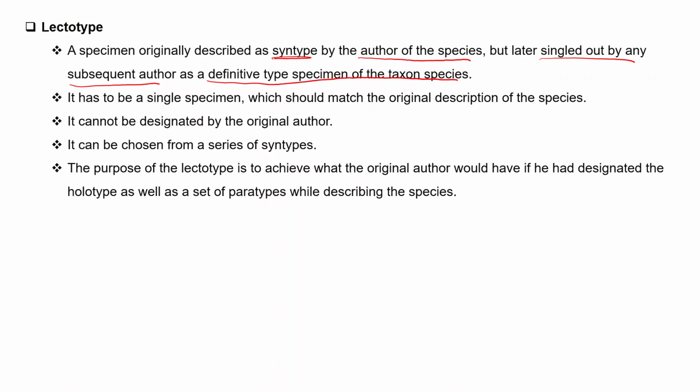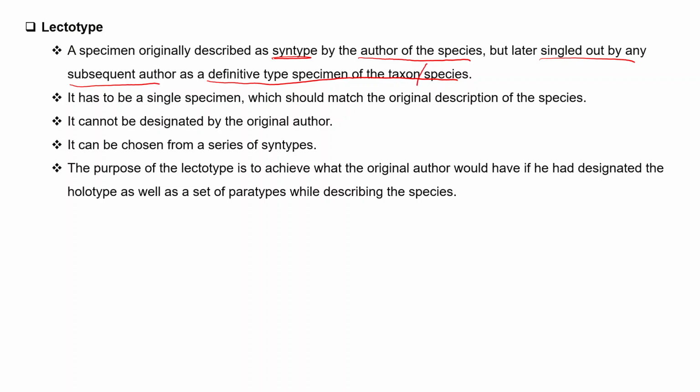For example, somebody finds a series of syntypes, and that particular author originally described that species based on that series. A few years later, another author finds, from that whole bunch of syntypes, one best specimen which may describe the species or the taxon in a much better way.